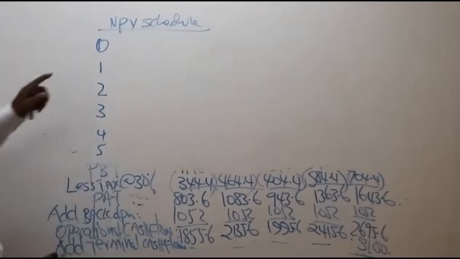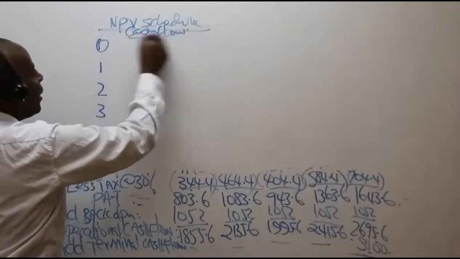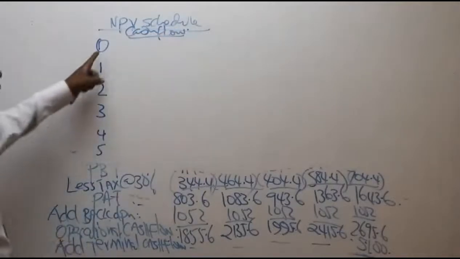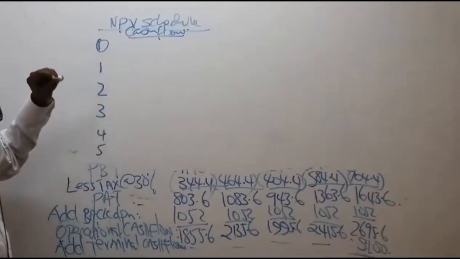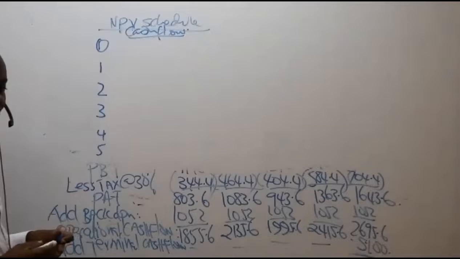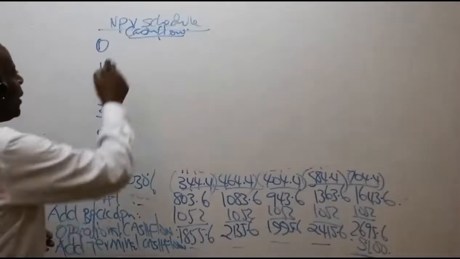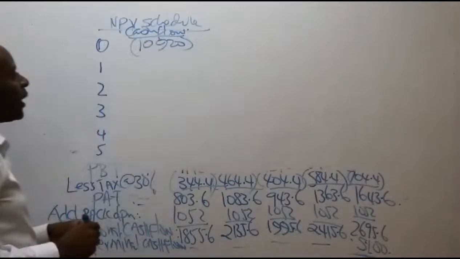At year 0, we have our initial outlay. Who is able to remember our 10,920? So the 10,920 is an outlay. It has to be put in brackets like that.